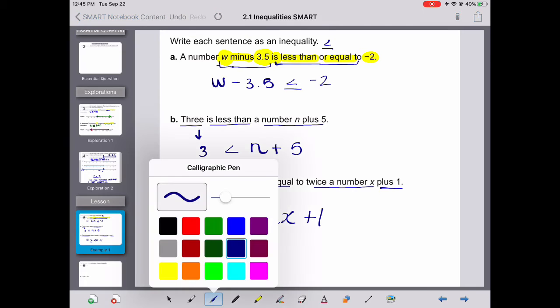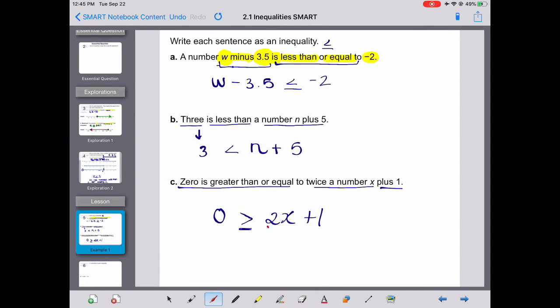Just to show you one of these, how you would solve them, just like in an equation, you want to get the variable isolated. So in this case, we would subtract 1. Negative 1 is greater than or equal to 2x. And the last step here would be to divide by 2 on both sides. The 2's would cancel, and you would have x. I'm going to write the variable on the left.